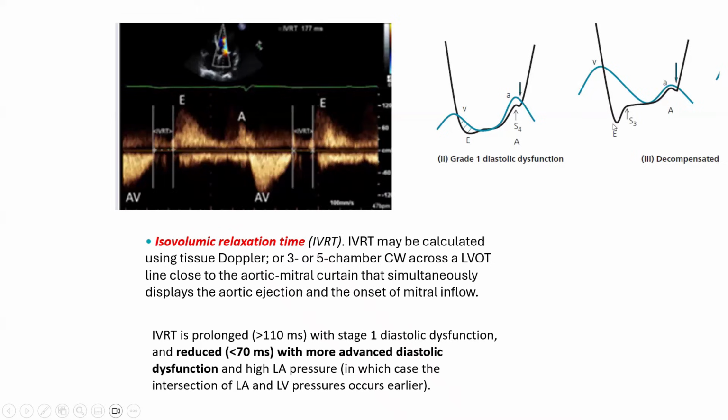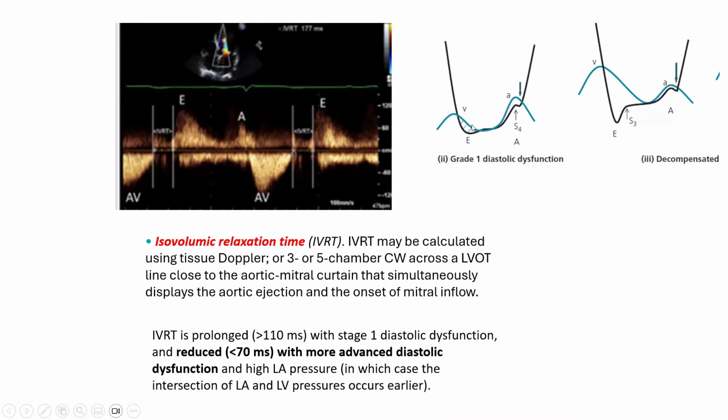So in this patient here with high LA pressure, the full LV relaxation is from the top of the LV all the way to that diastolic dip here. However, the isovolumic relaxation is from the closure of the aortic valve until this LA-LV intersection, at which point the mitral valve will open.